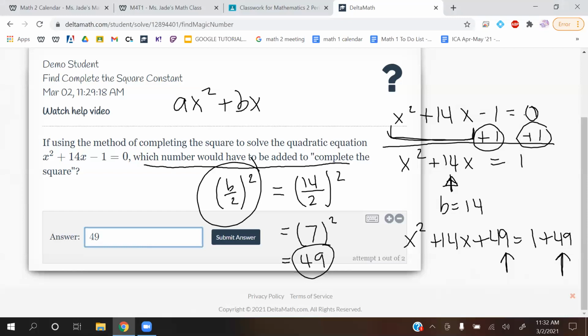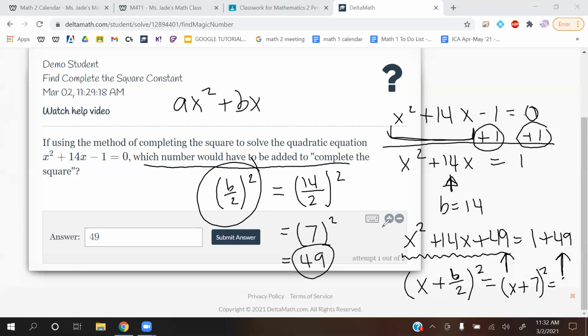And then the reason why, let me annotate again, is so that this entire portion right over here can be rewritten as x plus b over 2, all squared. We know that b is 14, right? So this can be rewritten as x plus 7 squared equals 1 plus 49, which is 50.